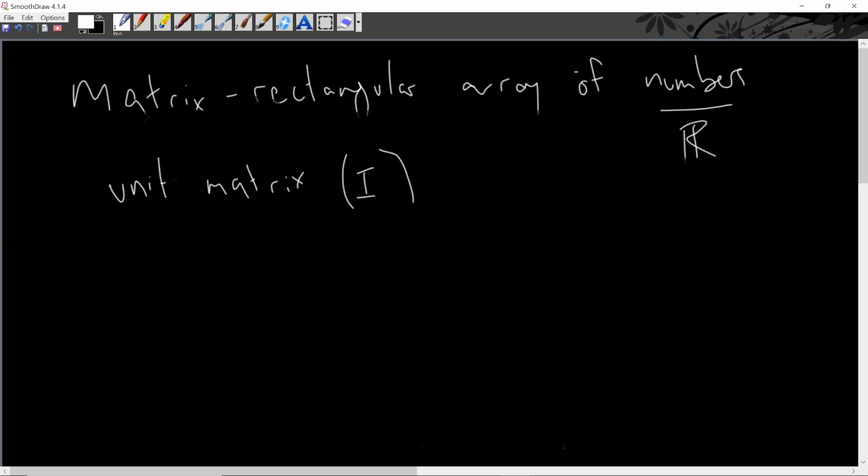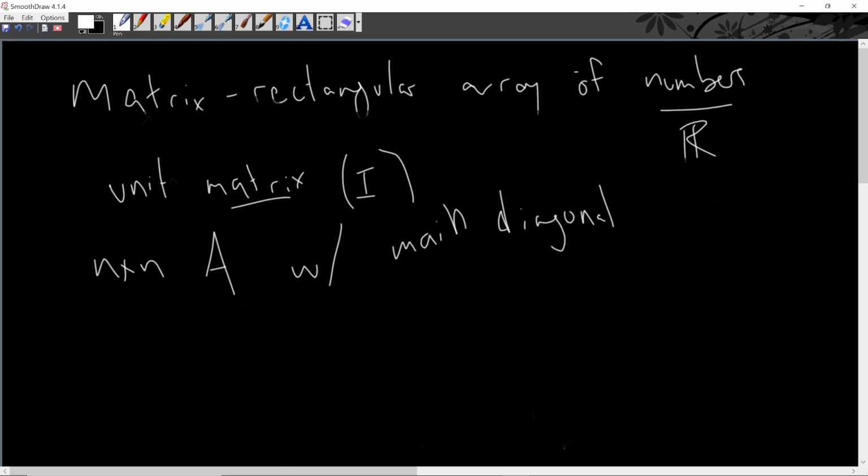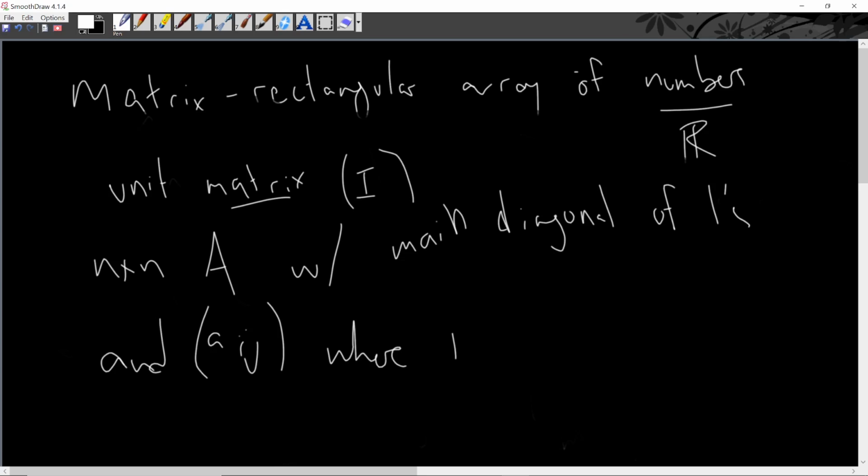Unit matrix I is a square n by n matrix with a main diagonal of 1s, and every a_ij where i does not equal j, a_ij will equal 0.